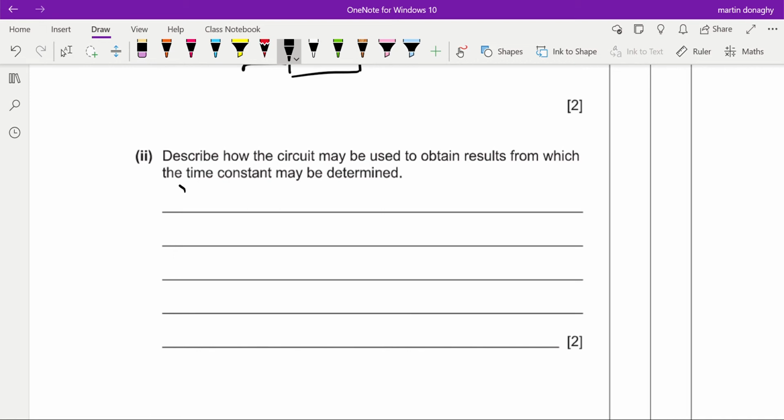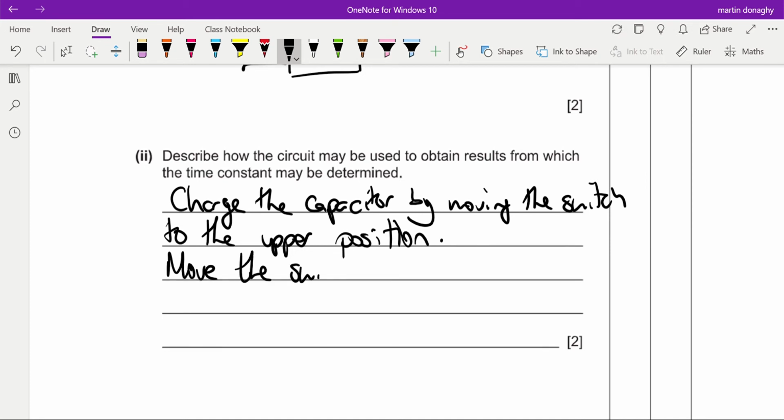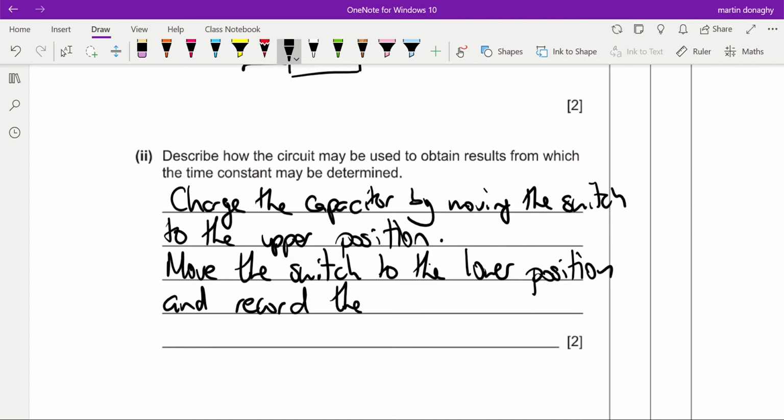So firstly, charge the capacitor by moving the switch to the upper position, and then move the switch to the lower position, and record the voltage or current every 5 seconds, 10 seconds, depending how quickly it decreases, but maybe every 10 seconds. Okay, so record voltage and time.